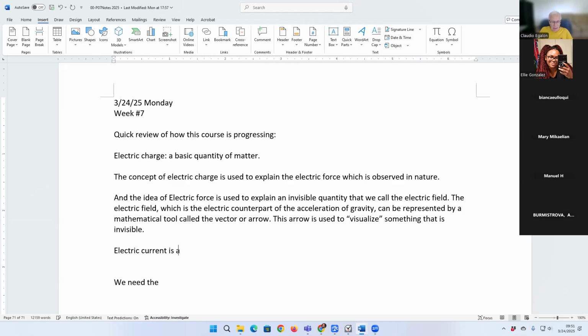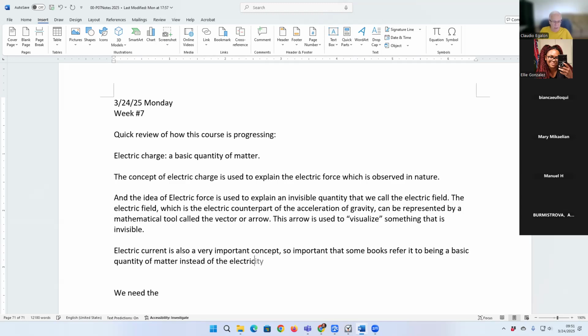Electric current is also a very important concept, so important that some books refer to it as the basic quantity of matter instead of the electric charge.